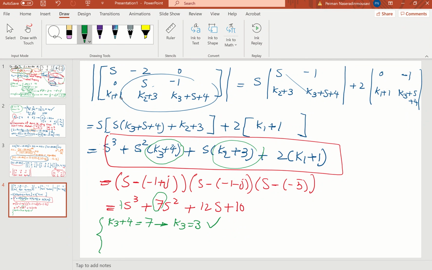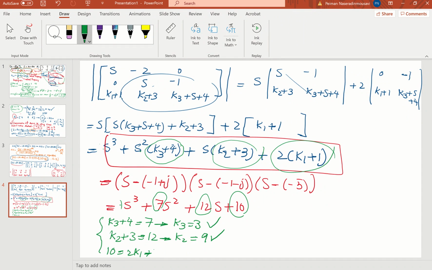For s, this is 12, so k2 plus 3 is 12. So k2 is 9. Bingo. And this is 10, called the constant. So 10 is equal to 2k1 plus 2. So k1 is how much? It's going to be 3.